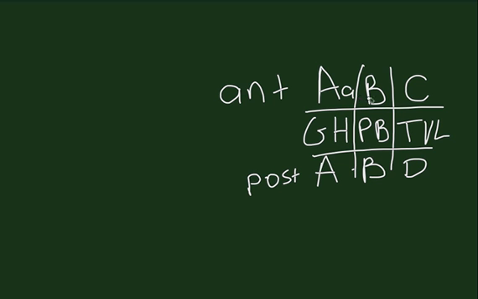Another way of notating this is point A on the anterior vaginal wall as A sub A, or for point B, B sub A, and for the posterior vaginal wall, A sub P or B sub P.